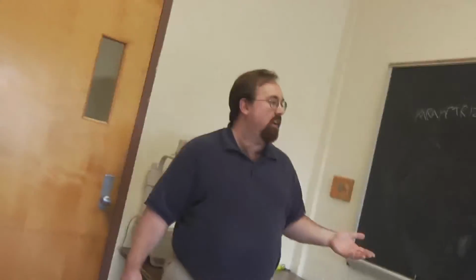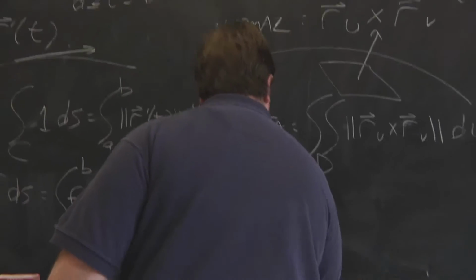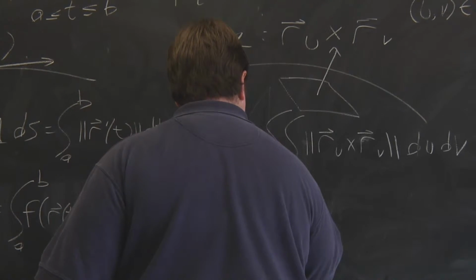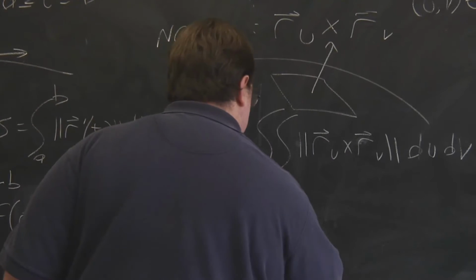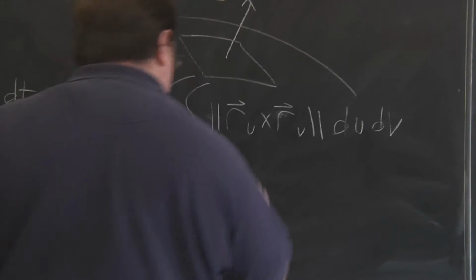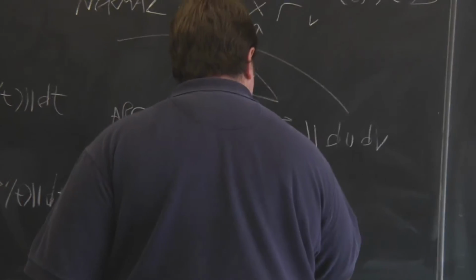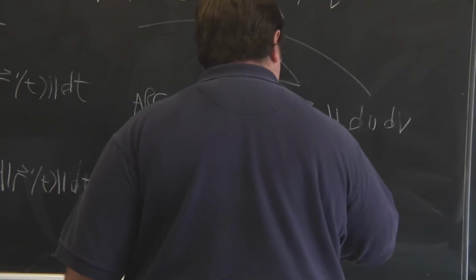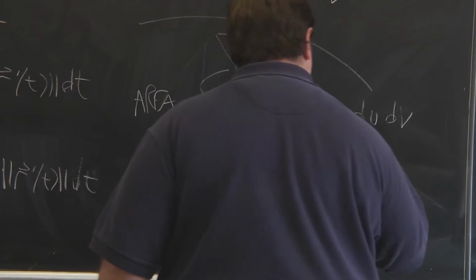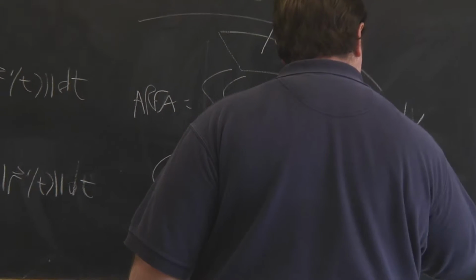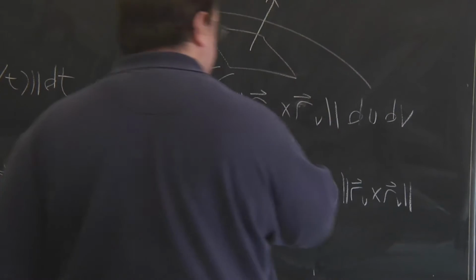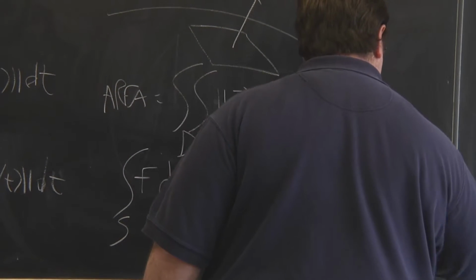But we do the same thing if we want to integrate a function over a surface. So we have the integral over a surface. And what we do there is we put a function, evaluate the parameterization, r of u v, and then you put the magnitude of the normal vector, just like we did before, du dv.